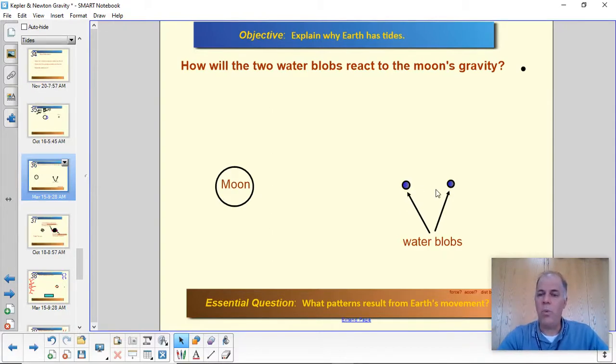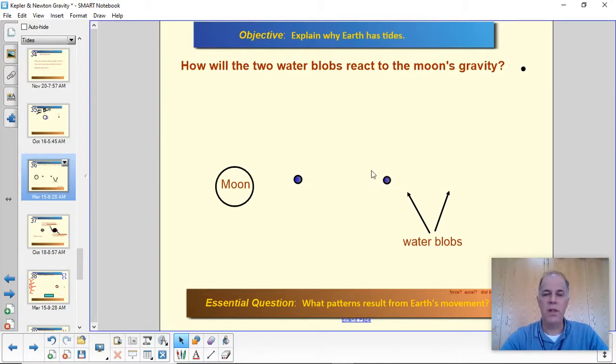As these two water blobs fall toward the moon, because gravity attracts them, will they tend to come closer together as they fall in, or will they stay at the same distance, or will they tend to spread out? In other words, yeah, they're both falling, but as they fall in, will they get farther and farther apart?